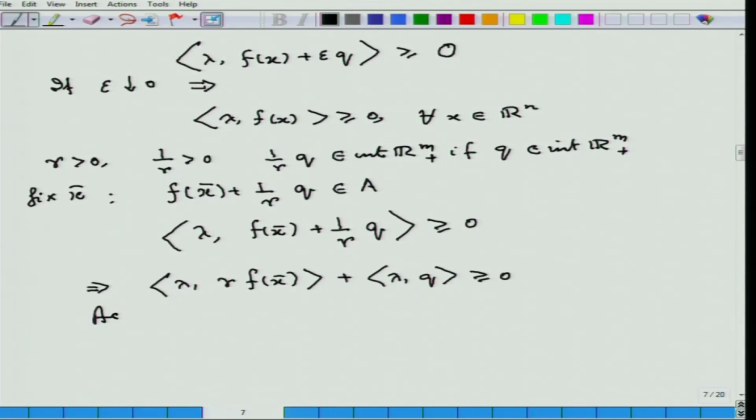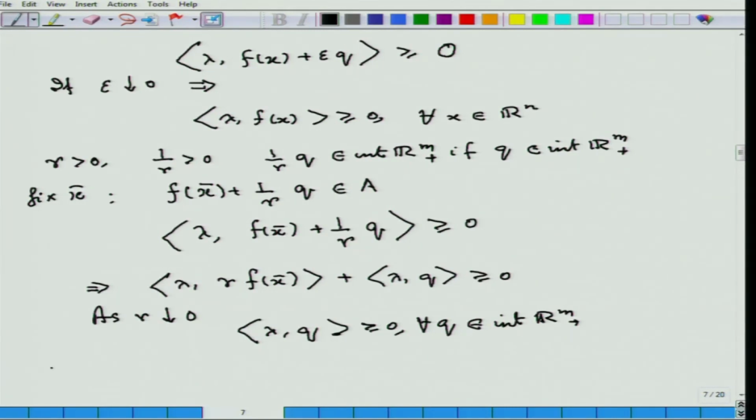Now, as r goes to 0, this will go to 0 because it is a fixed number. So, the inner product will go to 0. This will imply lambda q is greater than or equal to 0 for q an element of the interior of R m plus. Now, this q is arbitrary. So, this is true for all q in the interior of R m plus.